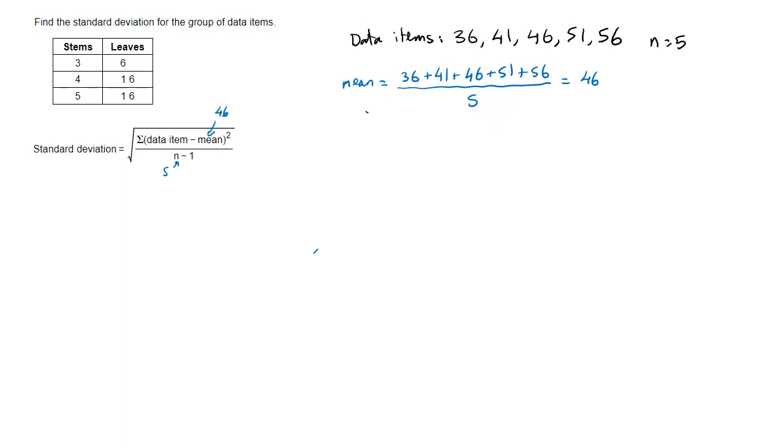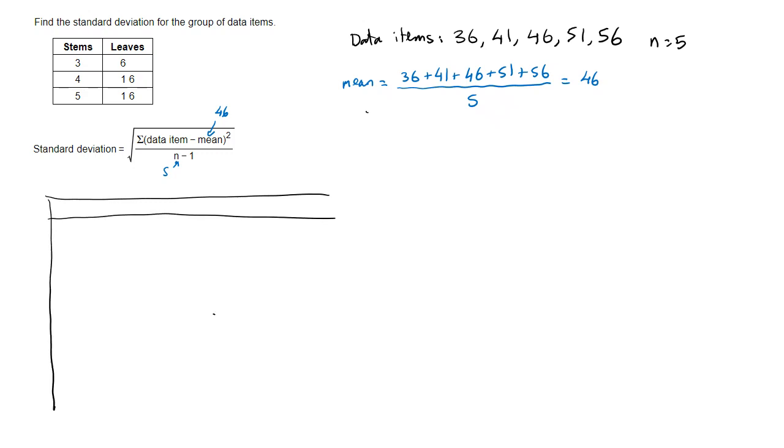Now, the best thing, in my opinion, is to create a table. What we do need is each data item, and then we need each data item minus the mean. So we need to subtract the mean from each data item, and this is called the deviation.